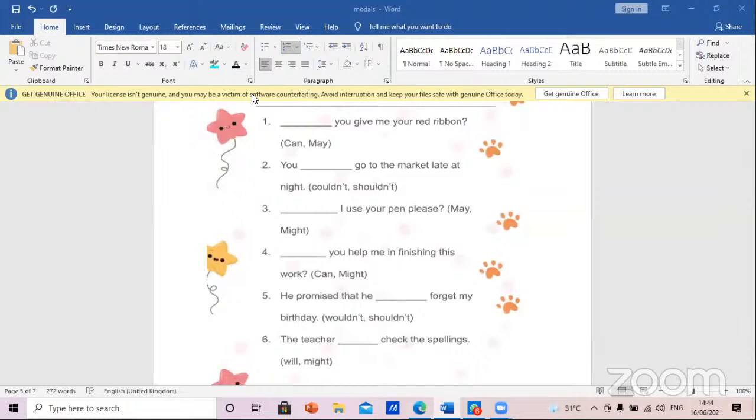Yes, very good. Shouldn't. Because it is not good to do so. Whether it is night or daytime, if it is open, you can go. But it is not good to go to the market late at night.